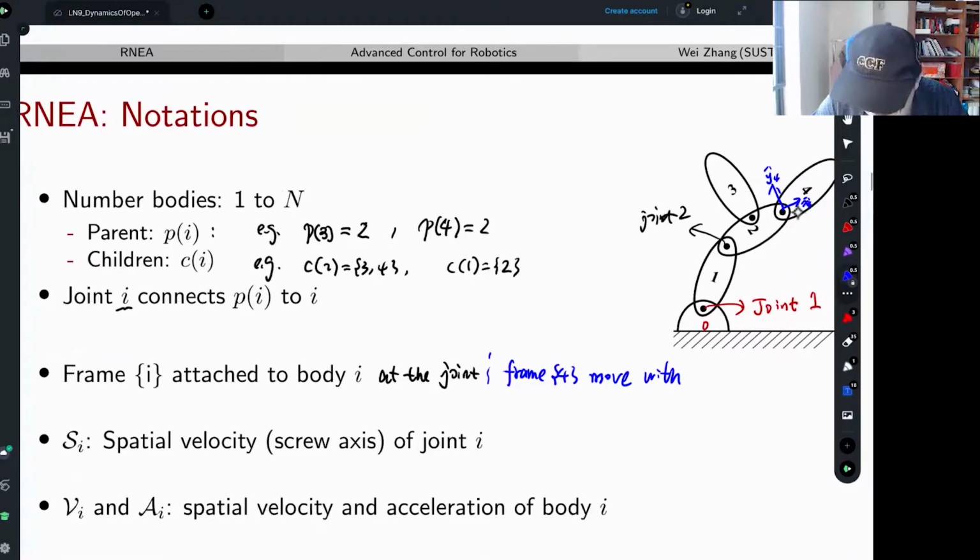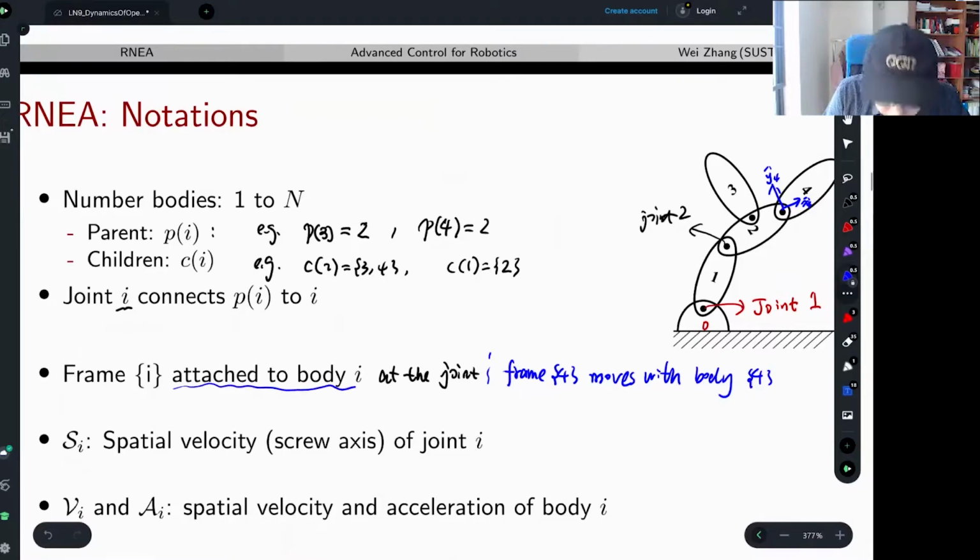Body 2 moves and body 4 also moves, right? Frame 4 moves with body 4, by the way. That's what I mean by attached to the body. So when the body moves, the frame moves. If body 4 is rotating, the frame also rotates. It's a local or body frame, and its origin is located at joint 4.